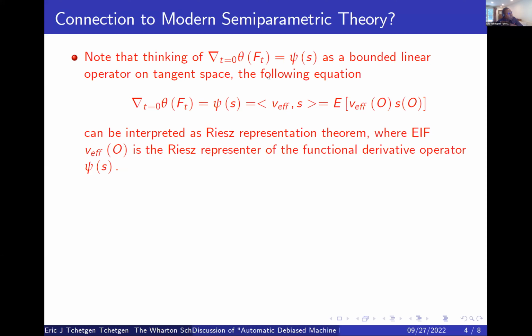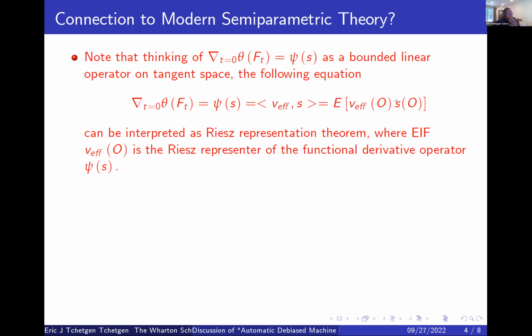Then the equation can be rewritten with the derivative now viewed as a bounded linear function on the tangent space, and by the Riesz representation theorem, that could be written as one element of that space times a score, in terms of the inner product between those two objects, which of course is the right-side representation that I had on the previous slide.